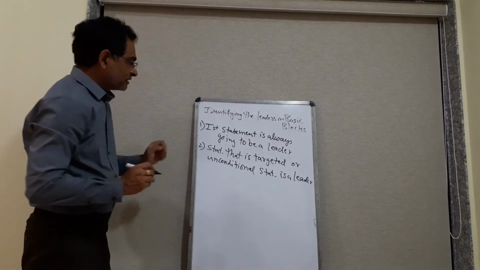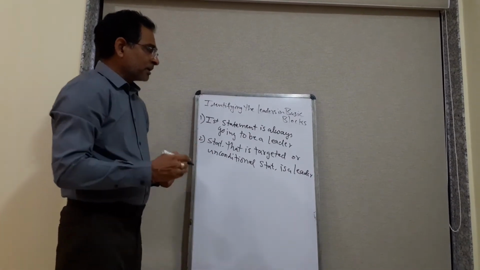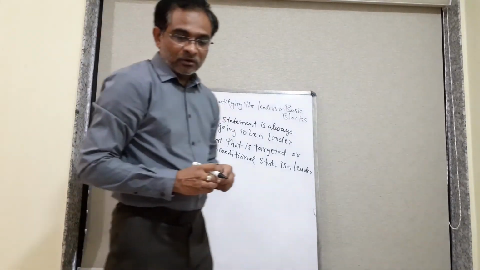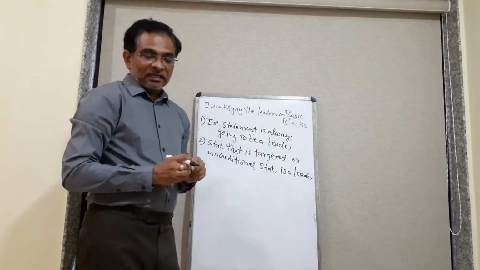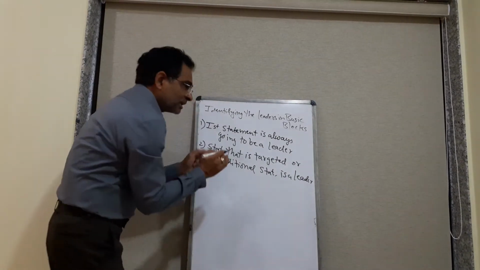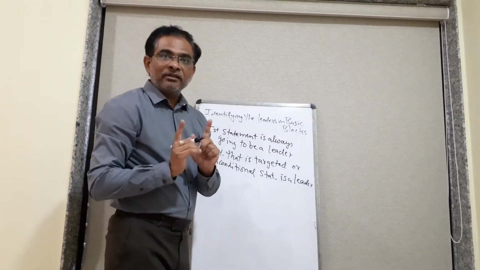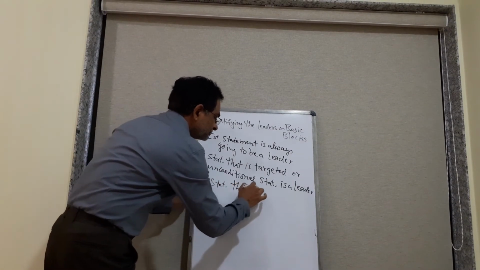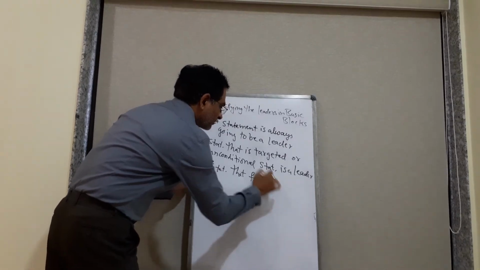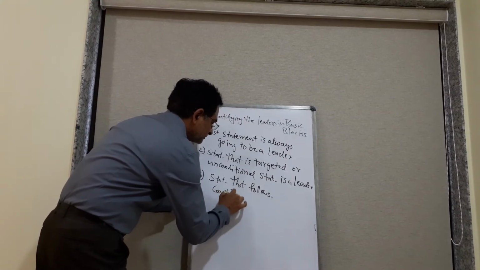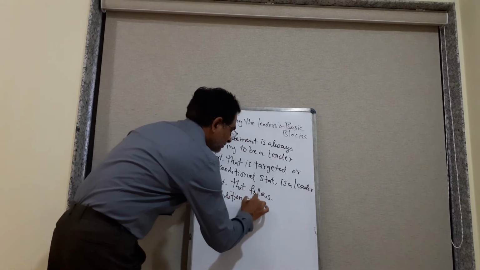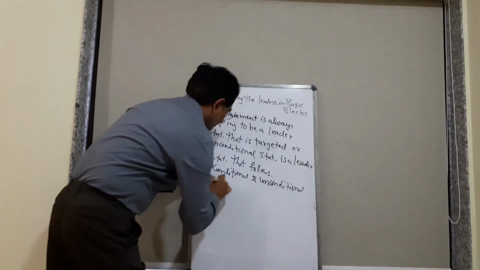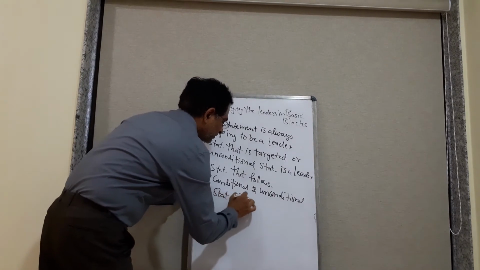So this is the second step. The first statement is a leader. Second, a statement that is a target of a conditional or unconditional jump is a leader. And the third rule is that a statement that immediately follows a conditional or unconditional statement is a leader.